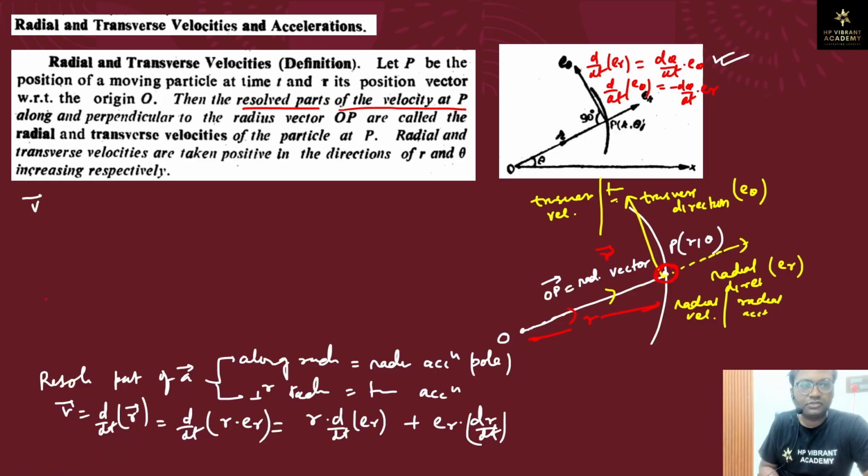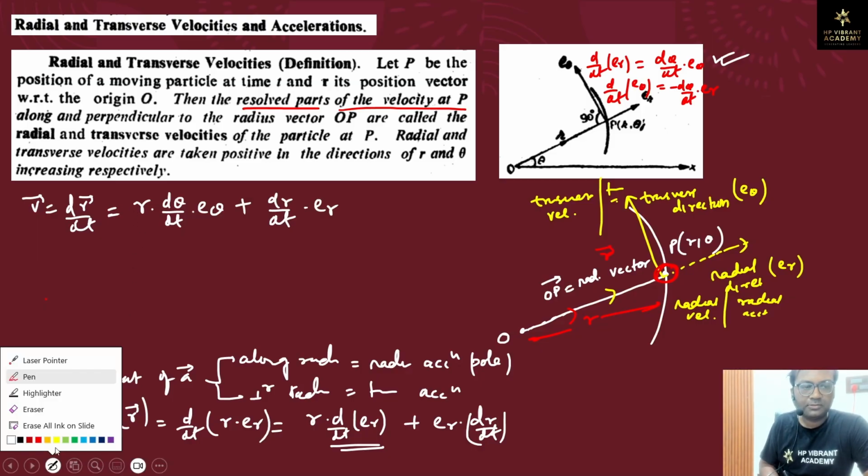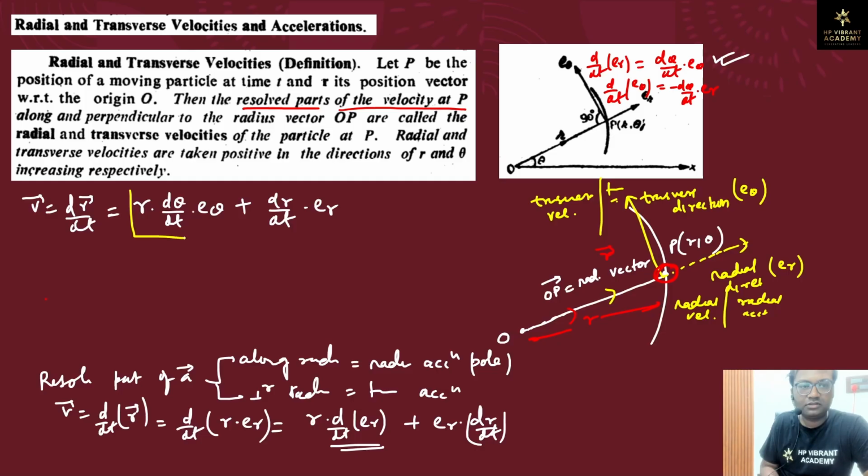So we have the velocity vector is equal to dr/dt, which is r into d e_r/dt, which is equal to d theta/dt into e_theta, plus dr/dt into e_r. So this is our e_r into r d theta/dt, and this is dr/dt. So dr/dt is this radial.